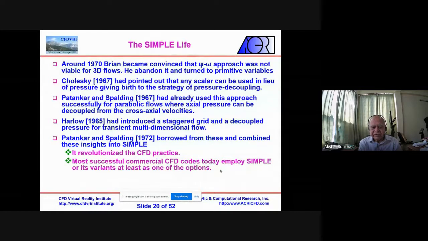In '72 it happened, and this SIMPLE was a revolution in CFD practice, and most successful codes today employ variants of SIMPLE or some approach which has its origins in this one. So actually the basic approach of pressure splitting goes back to Chorin and to Harlow, who had used it.